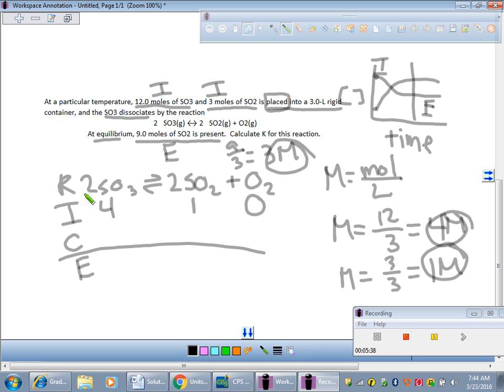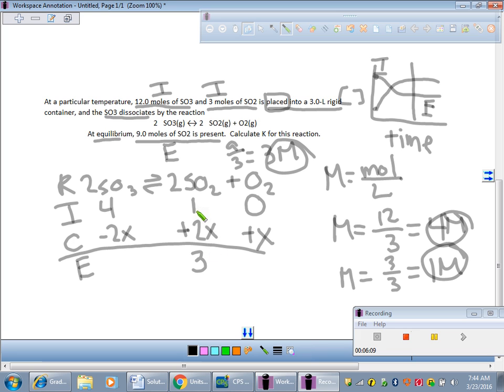We're going to use X, but how many X's you have depends on your coefficient. So minus 2X, plus 2X, plus 1X, or just X. Now, our equilibrium concentration, we actually have a number for one of them. So we're going to plug in this number for SO2.